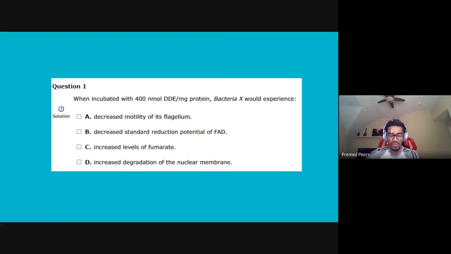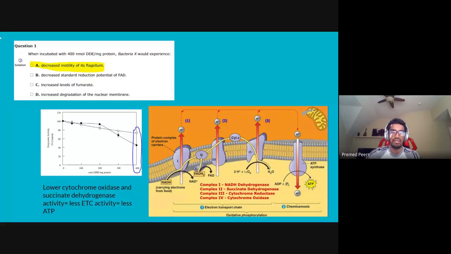So for this one, the main thing to look at is actually the understanding of the graphs. So we are looking at the effect that DDE and DDT have on the cytochrome oxidase and succinate dehydrogenase in the redox chain.